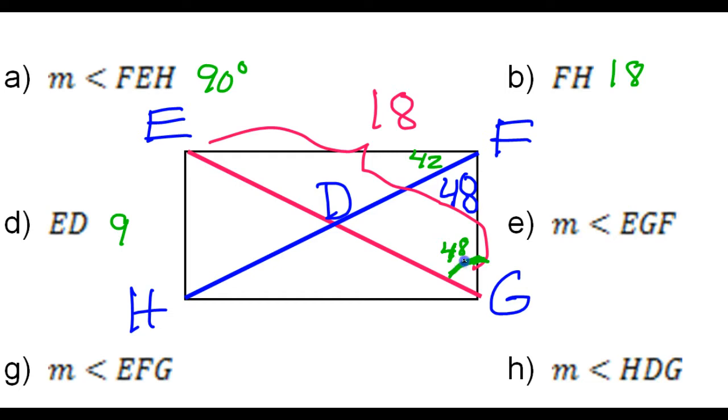No, 48 is right. It's because it's an isosceles triangle and the two bottom angles are the same. All four of these triangles that are formed are isosceles triangles, because of the symmetry. So it's going to be 48 on either side because of that. So yeah, 48 is right.